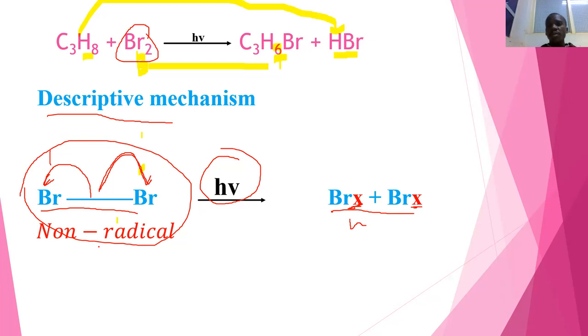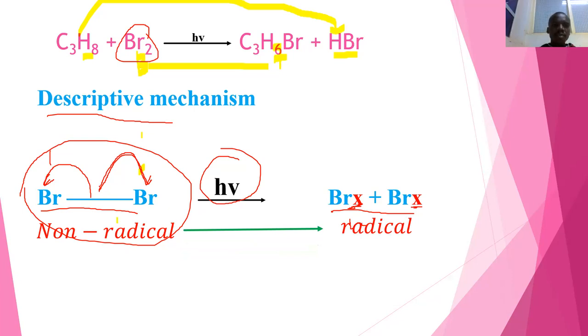So the radicals are most reactive, and that is why they can now react with the alkanes to form the respective compounds. Under the presence of sunlight, the non-radical gives us the radicals, and the radicals are more reactive. So you can check that.